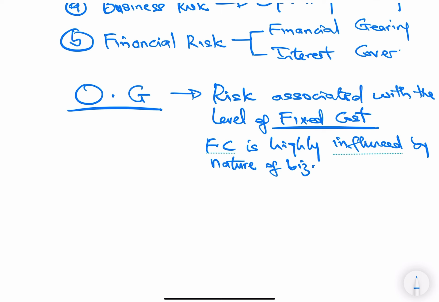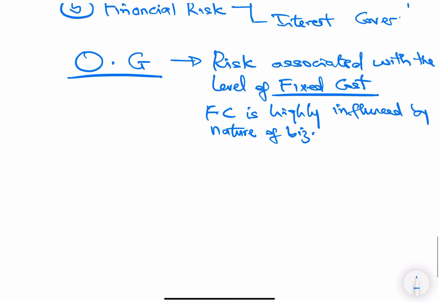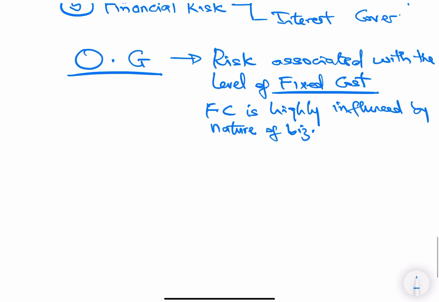Contribution will be the same as profit if there is no fixed cost. Whereas anytime you have a fixed cost, you realize that your contribution is not the same as your profit after tax. Right. And what's the formula for analyzing operating gearing? You need to calculate your contribution.